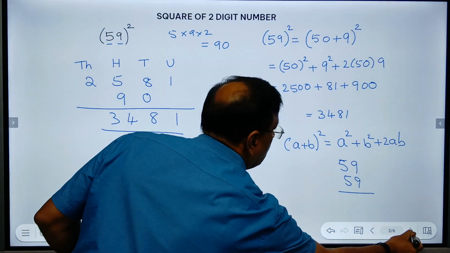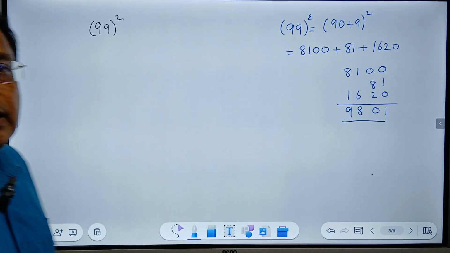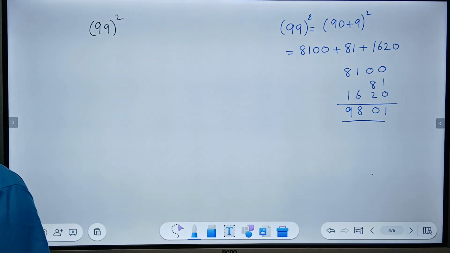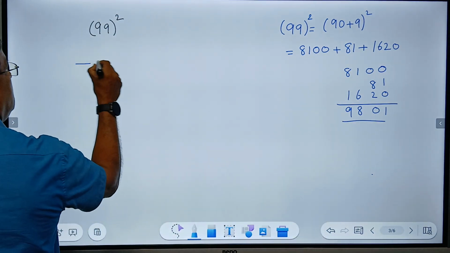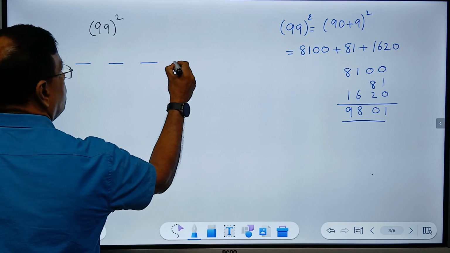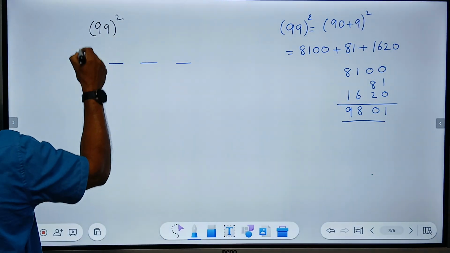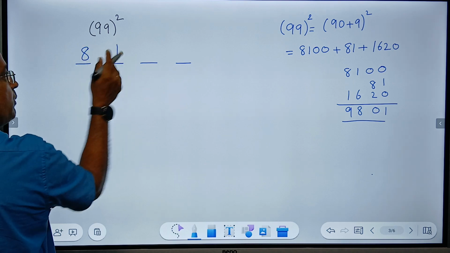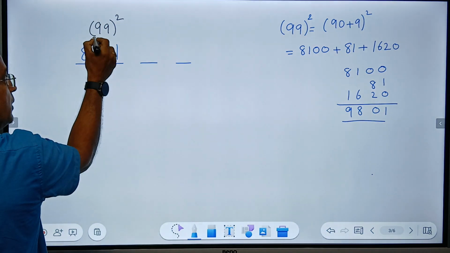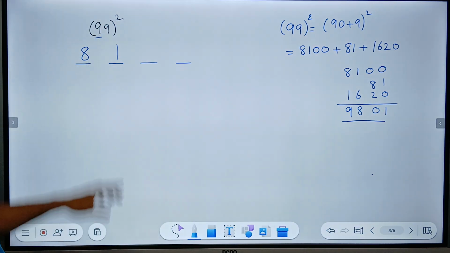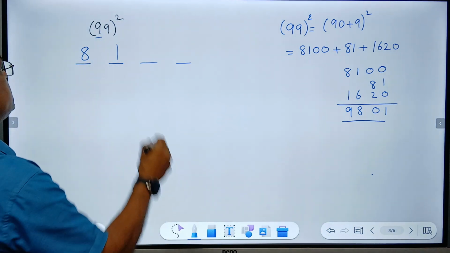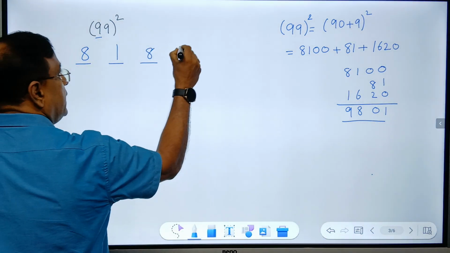We'll try one more. What is 99 square? It's again a 4-digit number. Now you square 9 and you get 81, right here. Now square the next 9, and again it is 81.